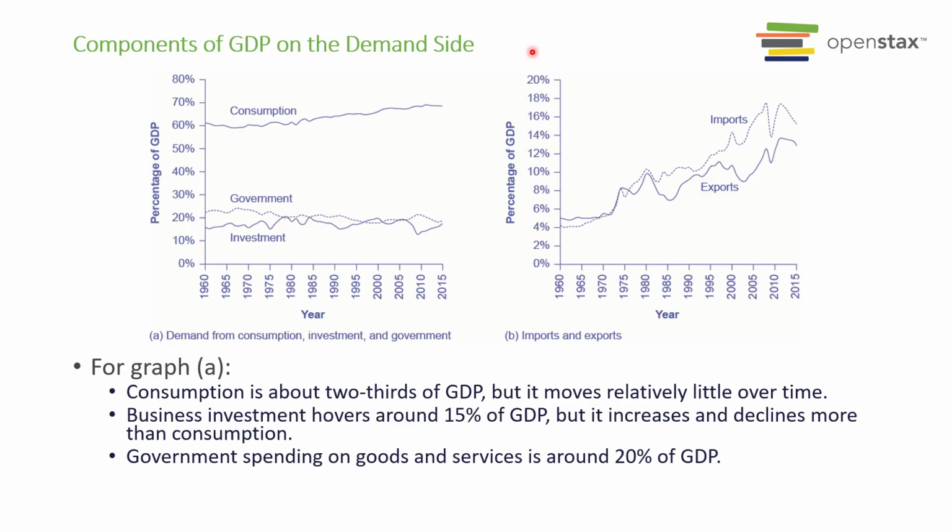But now if we turn to the picture here on the right, you can see that, again, net exports is this value here, exports, minus that value there, imports. So the gap between these two values hasn't really changed much, but you can see that it has grown as a percentage of GDP over time.